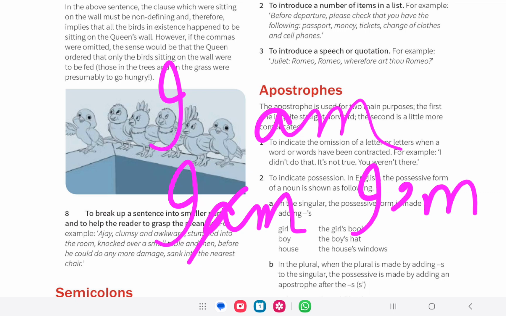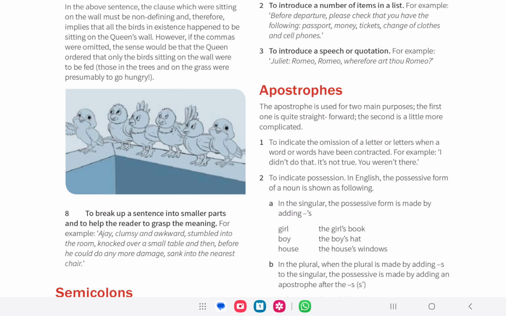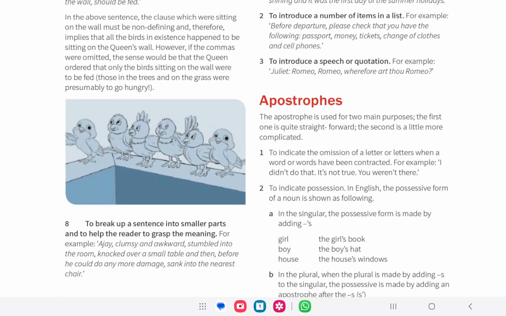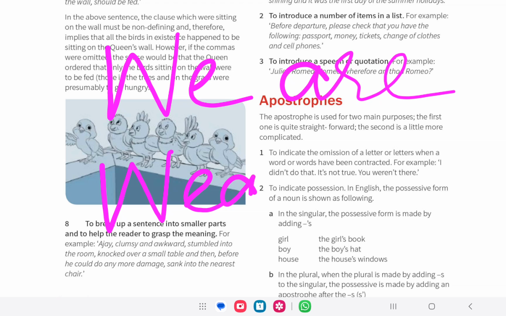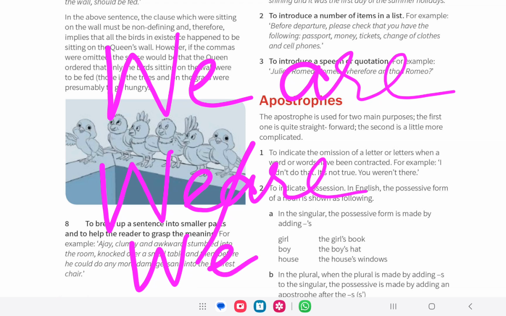Another one, when we have we are, we write it like this. We bring them closer. We are. Then we remove this a from here and it becomes something like this. We have removed this a from here. We are going to put an apostrophe here, we're, and we pronounce it as we're.